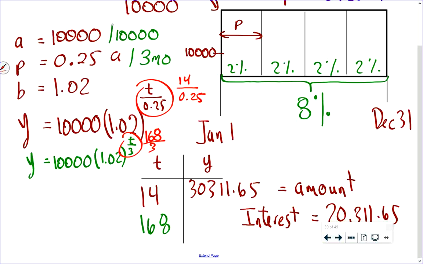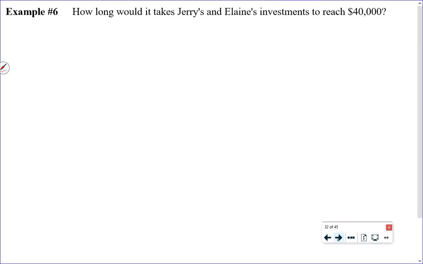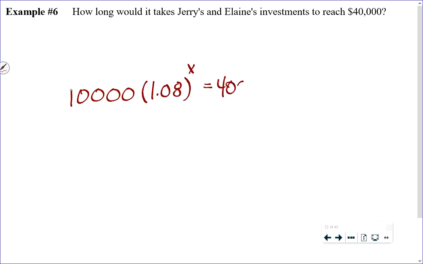Okay, we have one question left. How long would it take each of their investments to reach 40,000? So what you have to solve for Jerry is this equation.